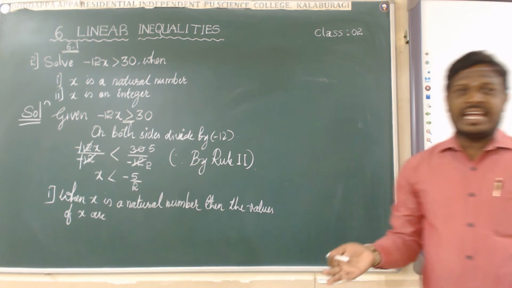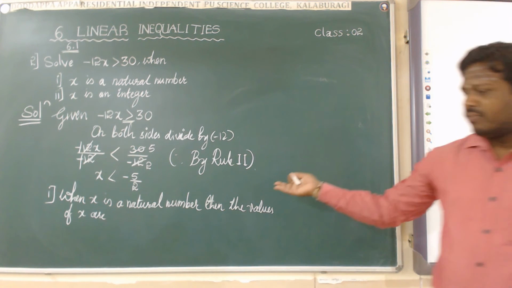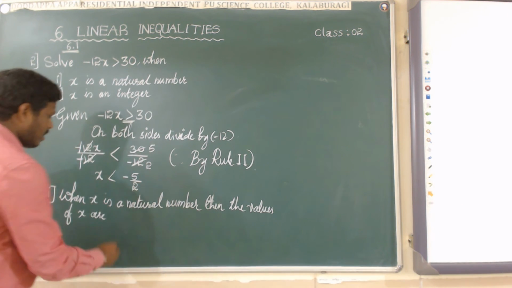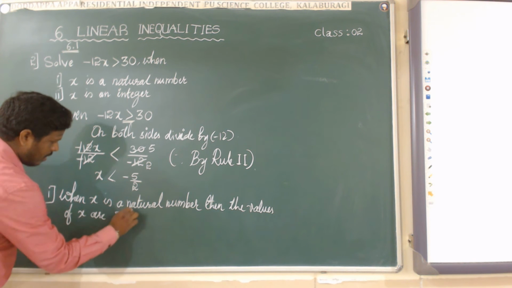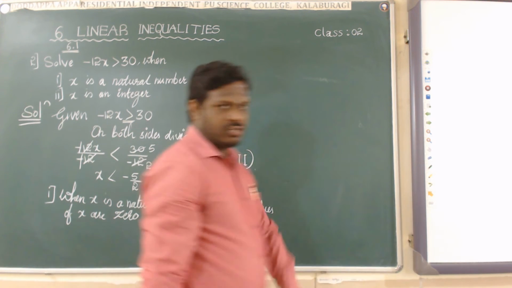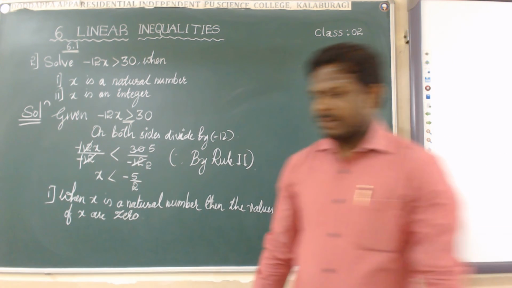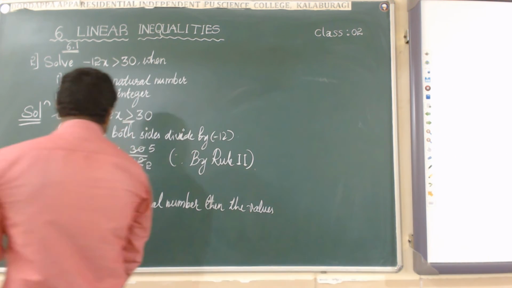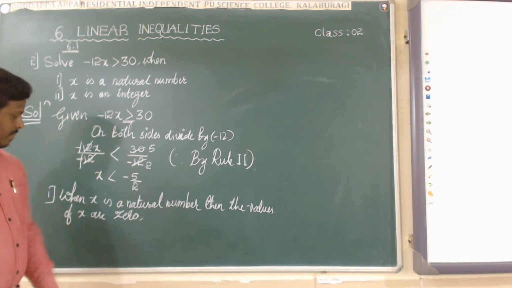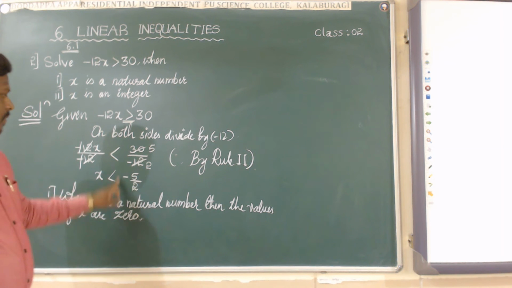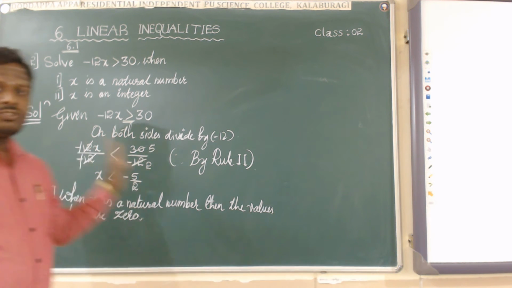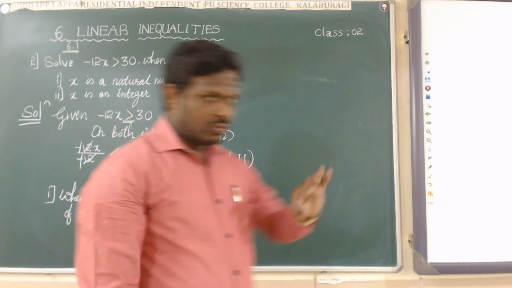You can't have negative values in the set of natural numbers. Or you can also write 0. Otherwise, a null set will come. The value of x is 0 because we can't have negative values in the set of natural numbers.